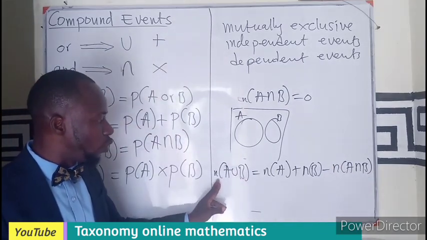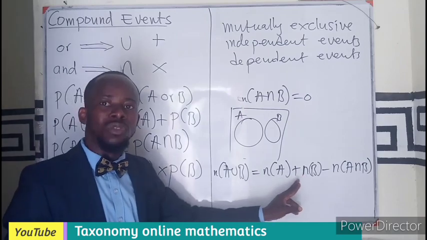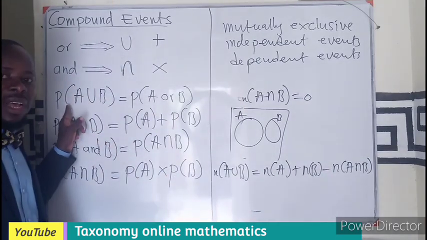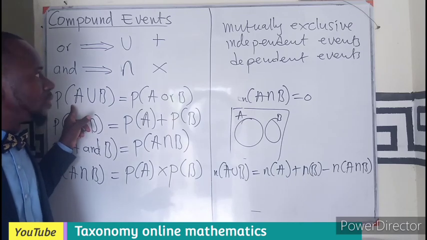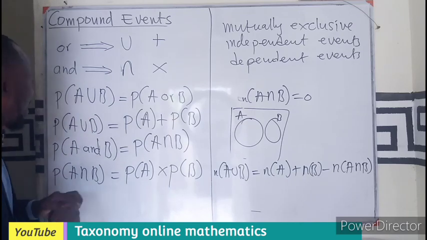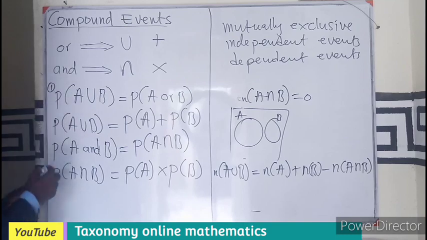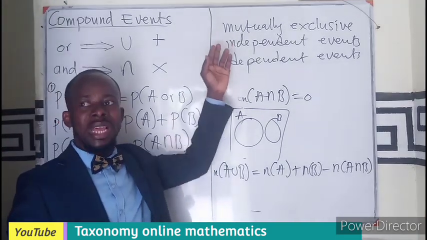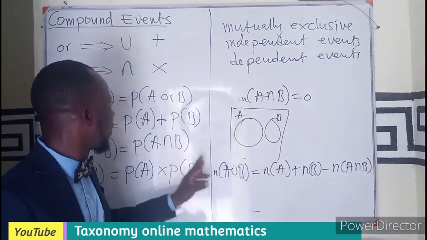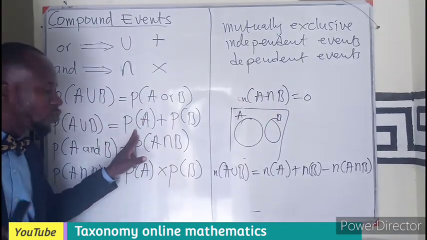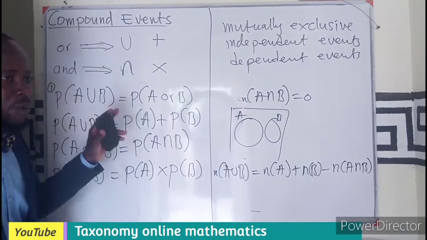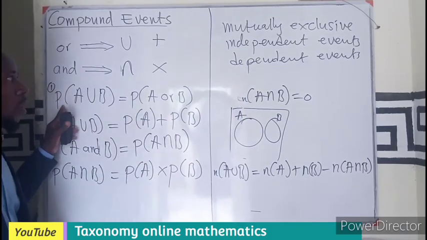So I'll be dealing with the union equals the sum of the two individual terms. That goes for our first compound event that I'm talking about, this being the first one, using the or. So if you are referring to or and mutually exclusive, it is just the probability of the first one plus the second one. Okay, so that is for the or.